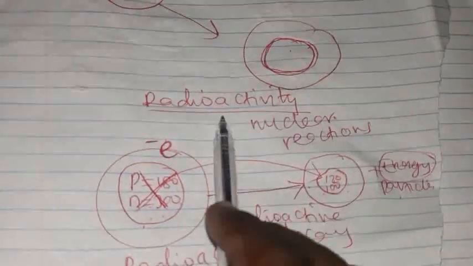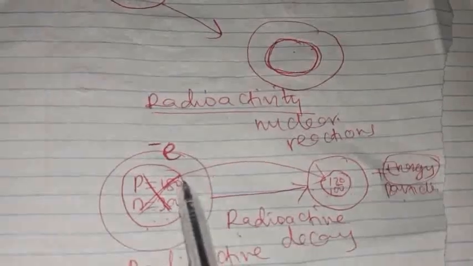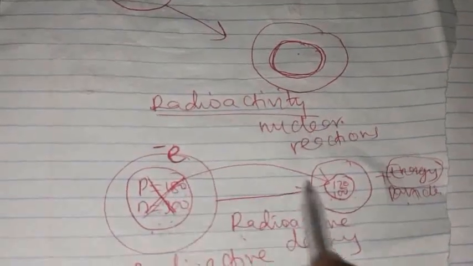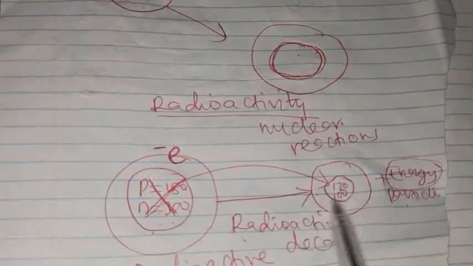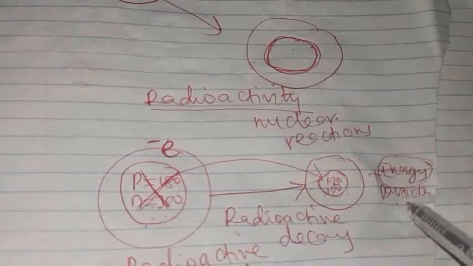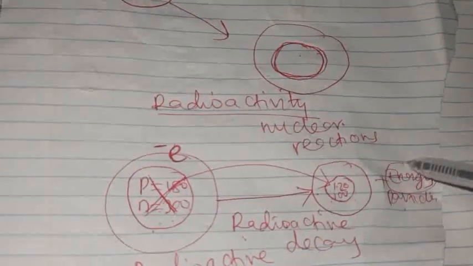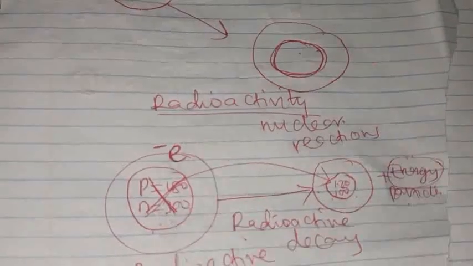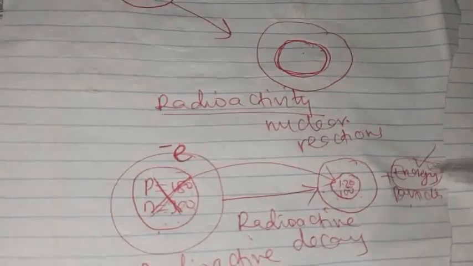We've said radioactivity is the process where an unstable nuclide breaks up to form another nuclide with a different composition, and in the process, energy and particles are released. So this process, which occurs within the nucleus, called a nuclear reaction, will release a large amount of energy.